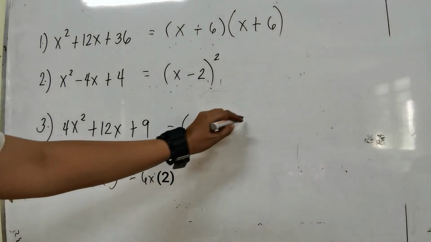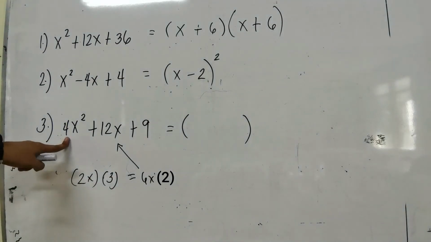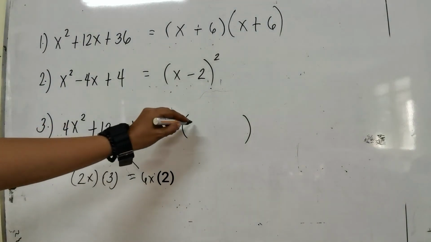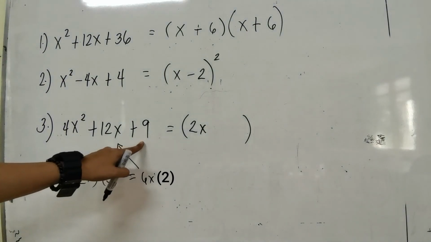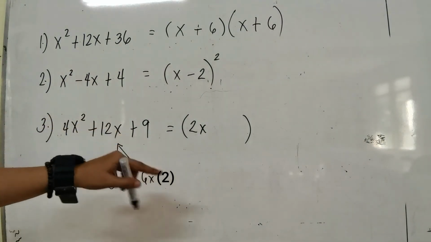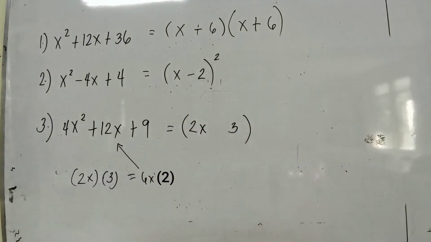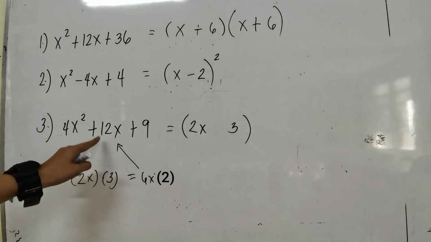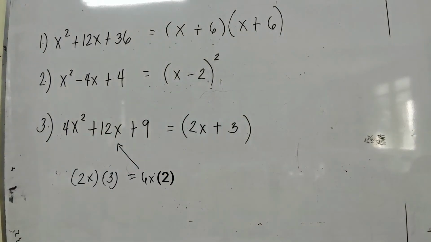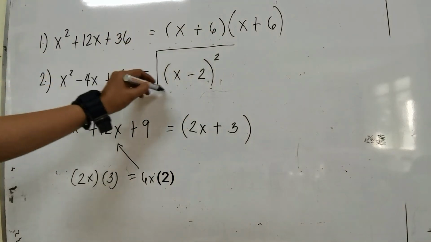So, factor na natin siya by getting the square root of the first term, which is 2x, and then square root ng last term, which is positive 3. Then, we have positive sa ating sign. So, ito na ang ating mga sagot.